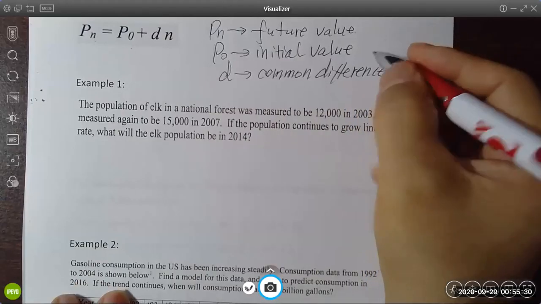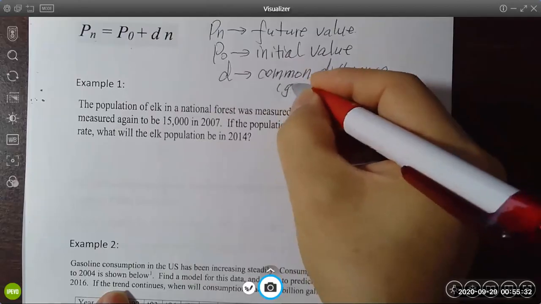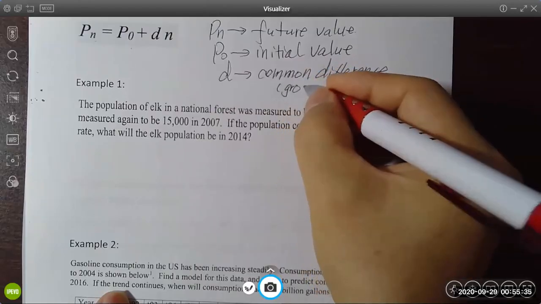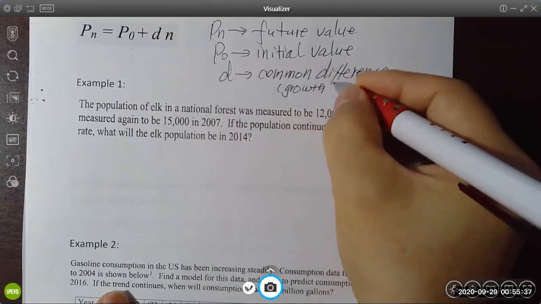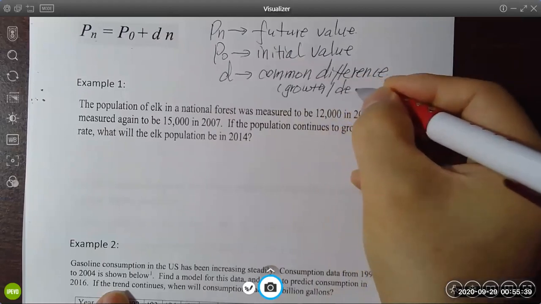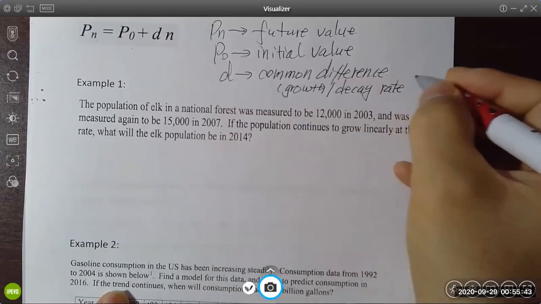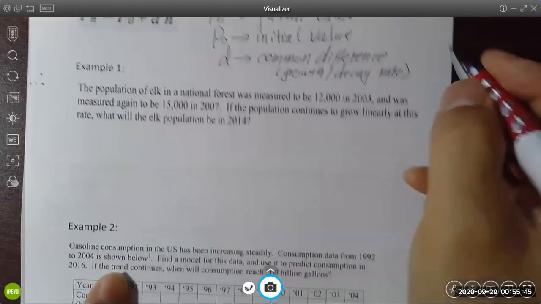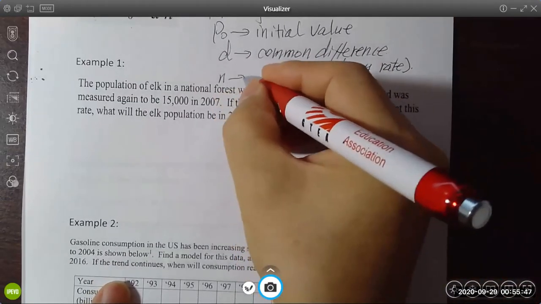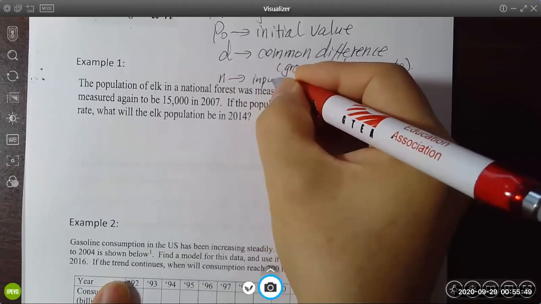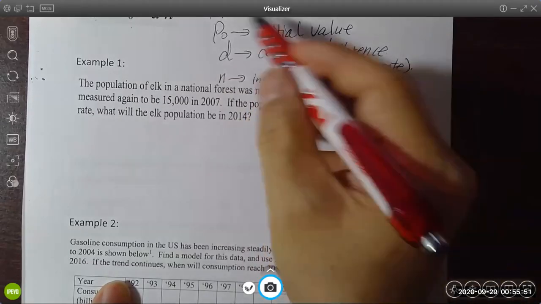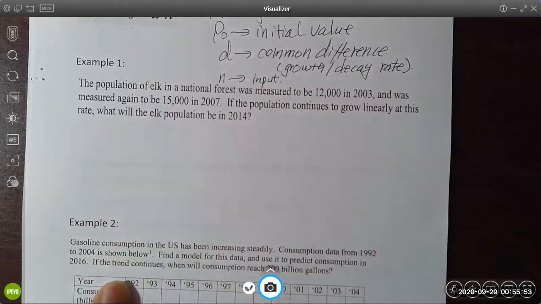You can also call it the growth rate, or the decay rate if it's decreasing. But this is a certain amount, it's not a percentage, okay? n is just the input. No input, no output, right? This is the output, this is the input.